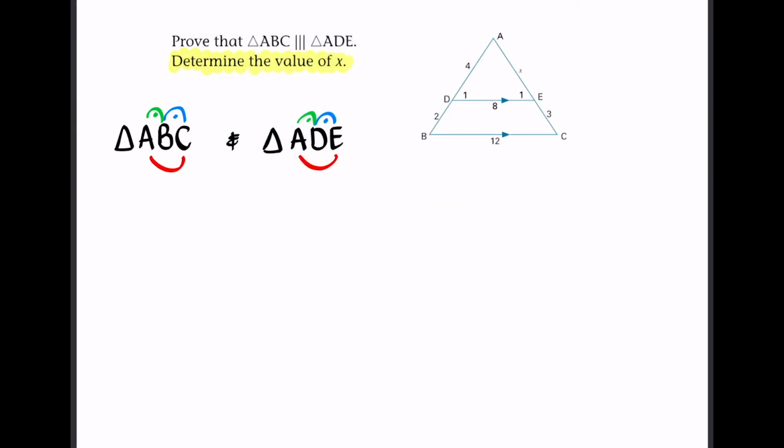So I can therefore conclude that the left eye, AB, over the left eye, AD, is equal to the right eye, which is BC, over the right eye, which is DE, which is equal to the mouth, which is AC, over the mouth, which is AE.